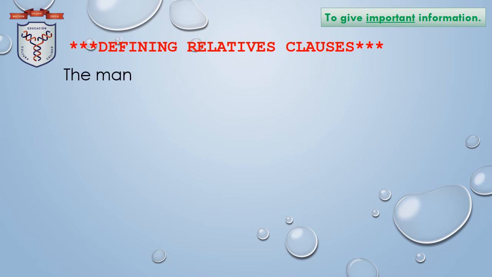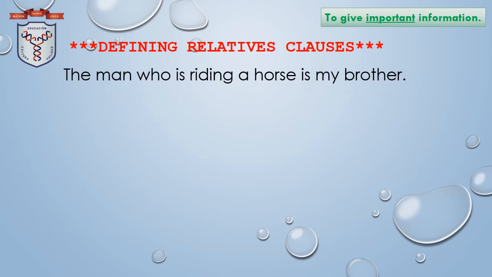The man. These two words don't make sense. But what about if you say, the man who is riding a horse is my brother? What do you think are the words that give you the idea to this sentence?